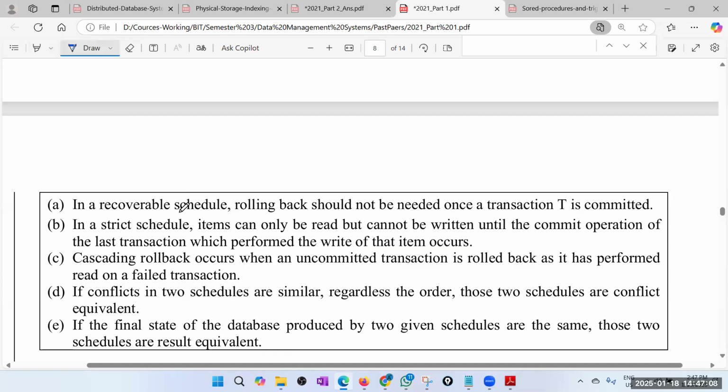In recoverable schedule, rolling back should not be needed once transaction is committed. No, recovery means by rollback you recover. Right? You found the issue, so then how to fix that issue? Of course, there's no fixing, rather you roll back. Therefore, this is not correct, right? This is not correct for me.